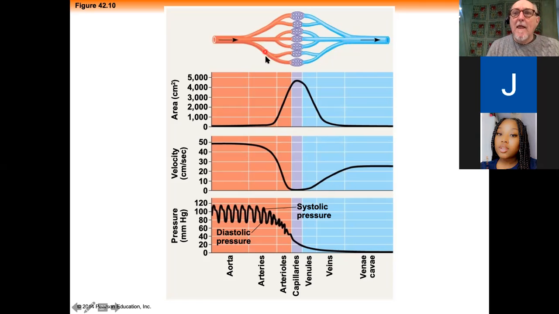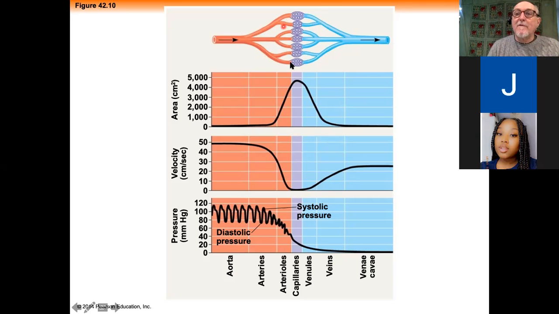Here are the arteries. They divide into arterioles, and then they divide into arterial capillaries. And those capillaries join up with venous capillaries, which join with one another, get thicker and thicker, and eventually form the veins. So this here is called a capillary bed.